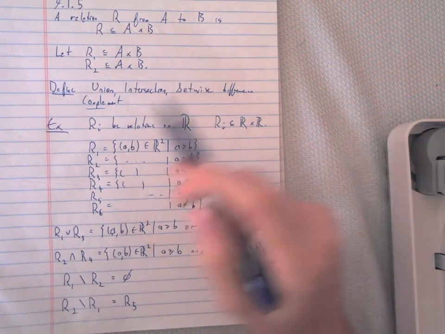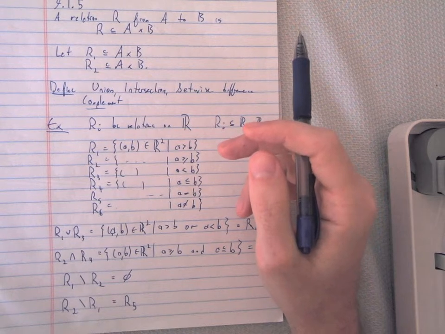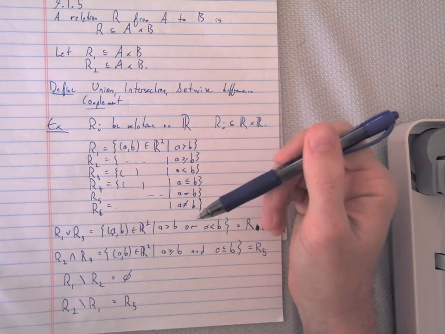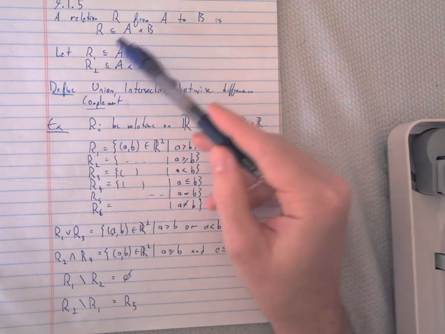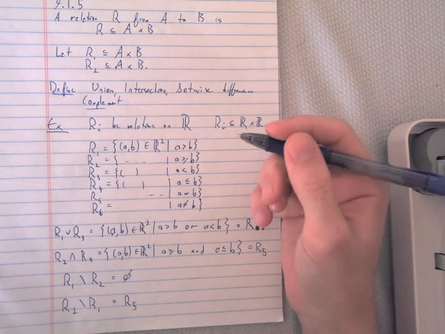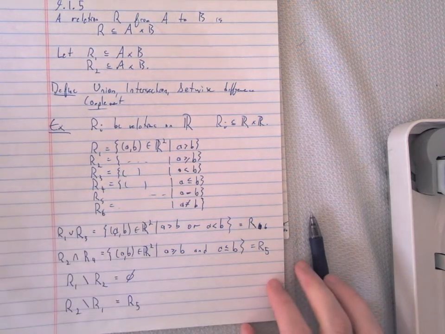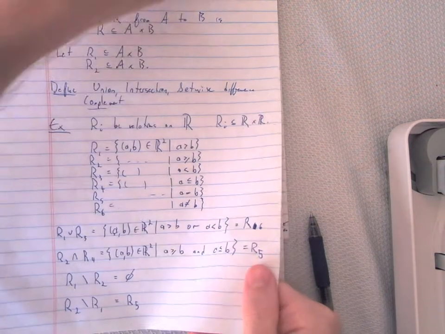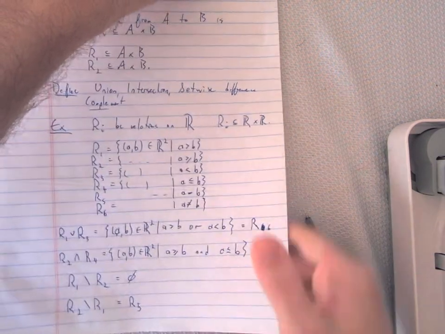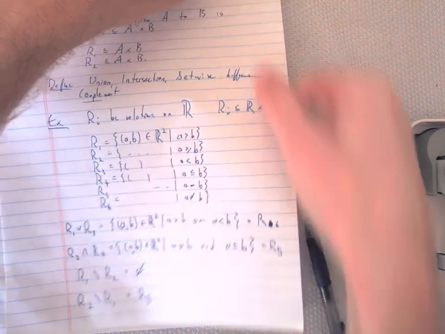Okay, so these are our usual set operations that we like to perform, now being performed on relations, now being performed on subsets of a cross product. Okay. Next, we've got an interesting further operation that we want to define on some relations.